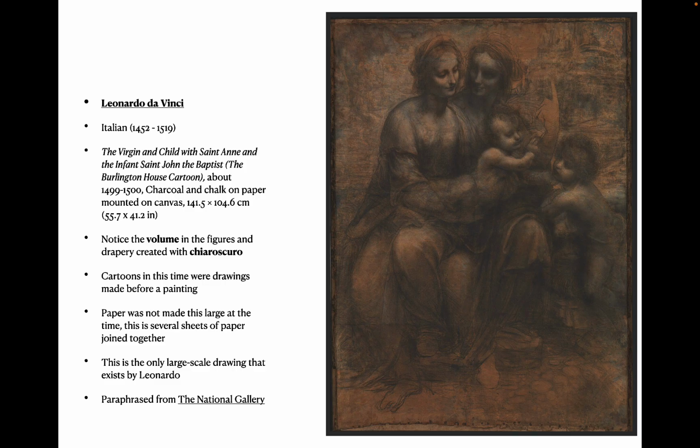Because it's charcoal and chalk on paper, it's a delicate medium. These kinds of drawings are preserved by being in a dark room in a museum and behind a lot of glass. So it's always kind of quiet and dark when you view some of these chalk or charcoal drawings in a museum. This is the Virgin and Child with Saint Anne and the infant John the Baptist.